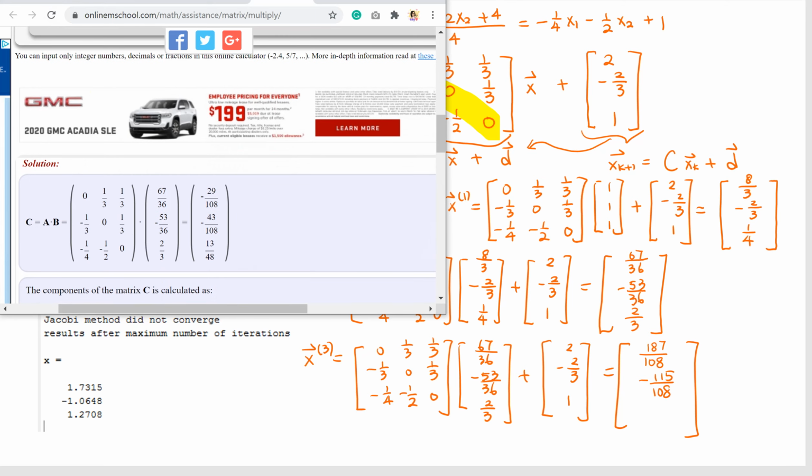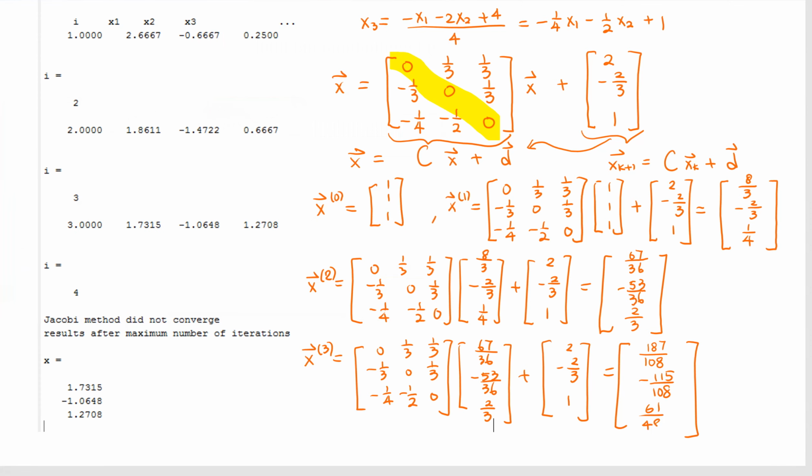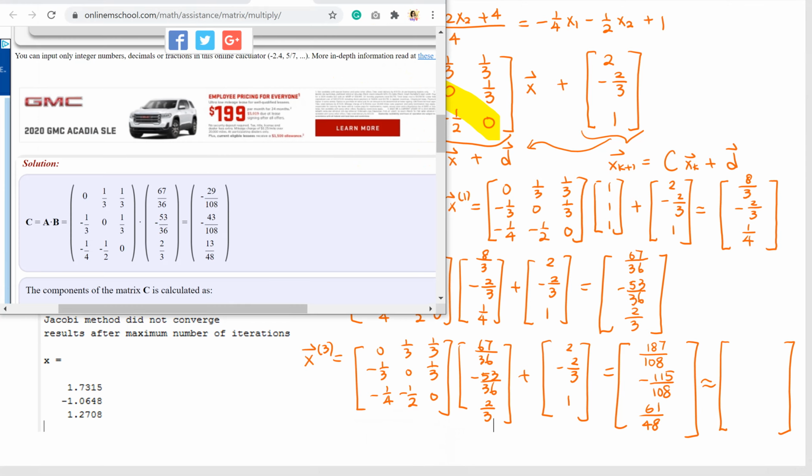Okay. Well, what is that number? 13 over 48. We want to add 1. So 1 is like 48 over 48, and 48 plus 13 is 61. Okay, what is this number? Let's use 4 decimal places.